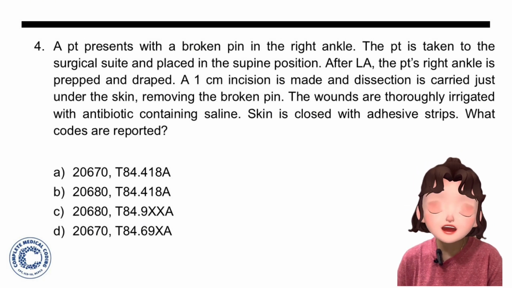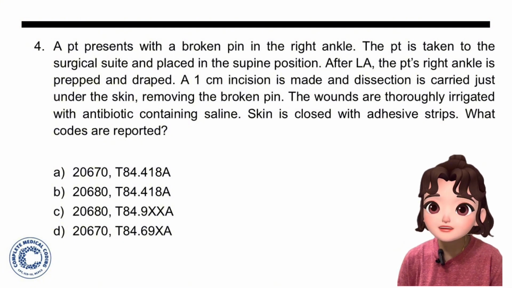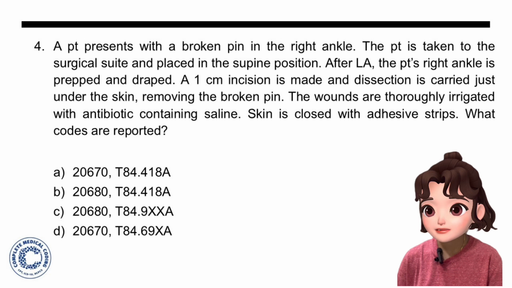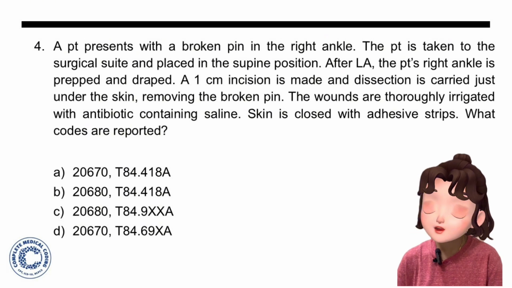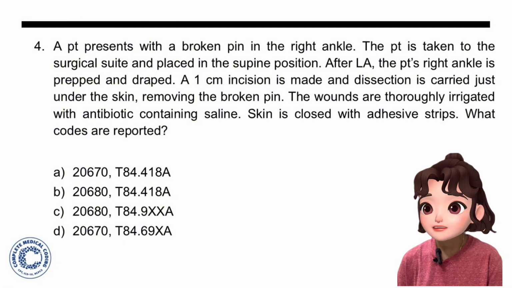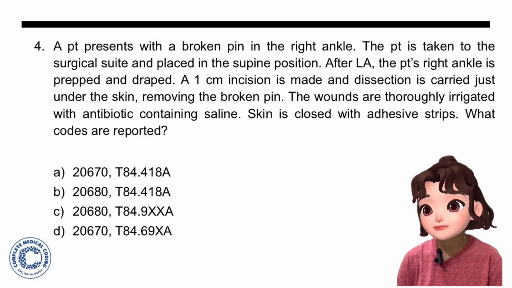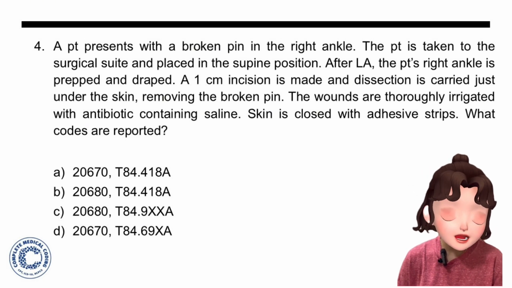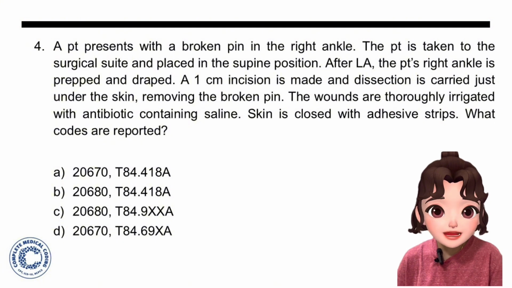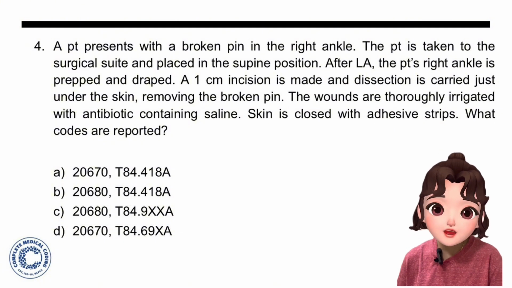Something was inserted before in the right ankle, an implant, and that is broken, and they are removing it. After an incision is made, they remove that broken pin. So 20670 is removal of implant, and in brackets it's mentioned superficial: buried wire, pin or rod.